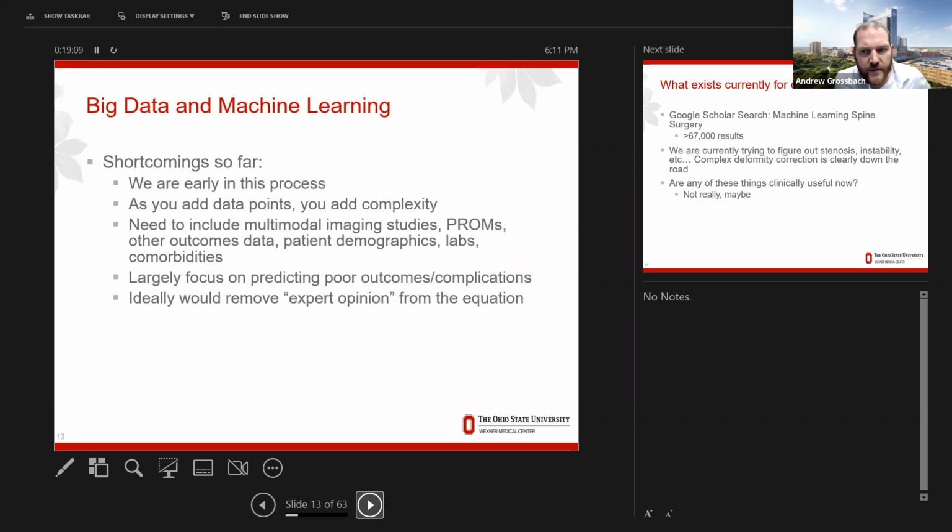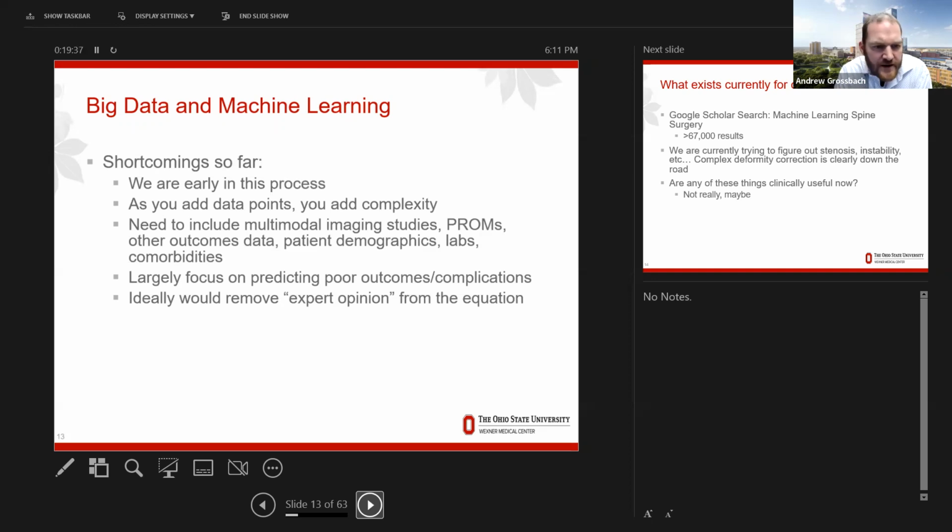So, shortcomings so far, I think we're very early in this process. A big problem with this is as you add data points, you add complexity. To really get to the core of this, we're going to need to utilize multimodality imaging studies, not only scoliosis x-rays, but MRIs for stenosis, CTs for fused and unfused levels, for osteophytes, how flexible this is going to be.